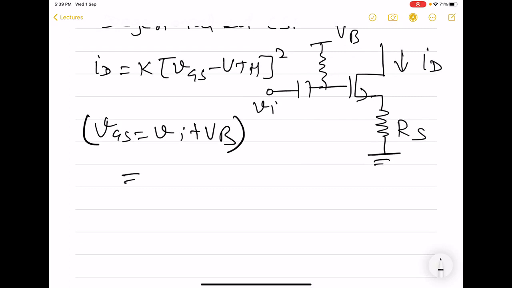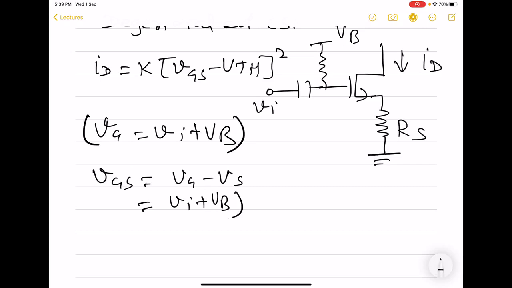So here, this is only the gate voltage, not the gate to source. Now gate to source voltage is going to be a little bit involved. Earlier source was grounded. But now source is at certain voltage.